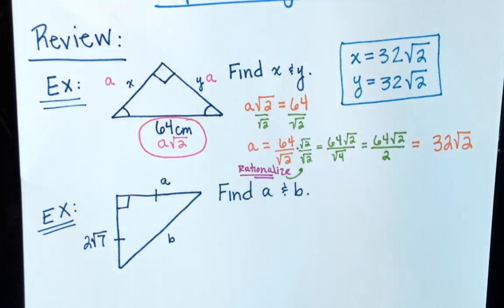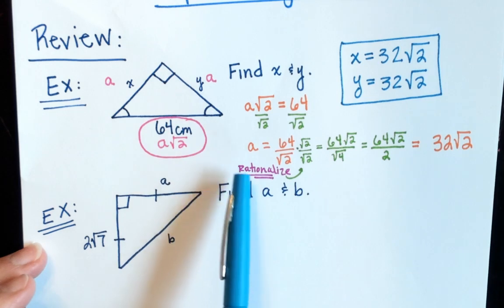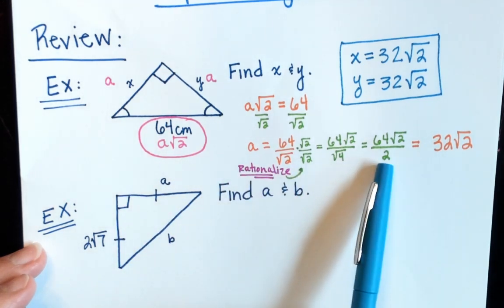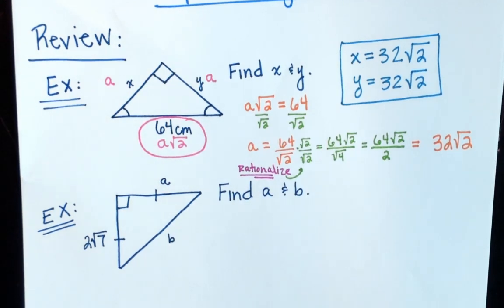So the biggest thing here isn't so much the formula, it's making sure that we remember how to rationalize so that we have our appropriate answer. So just one more to look at. Same idea, we recognize that it is in fact isosceles.